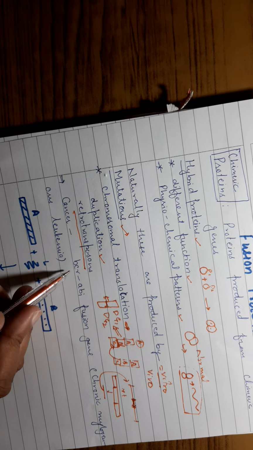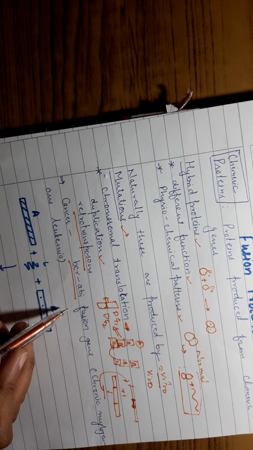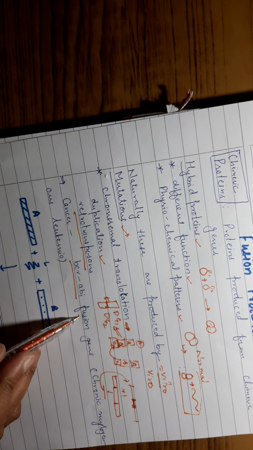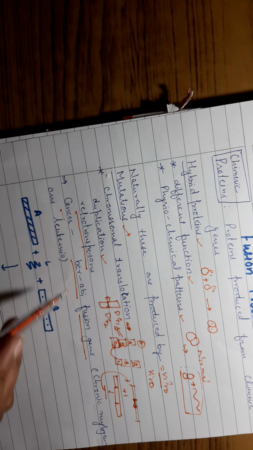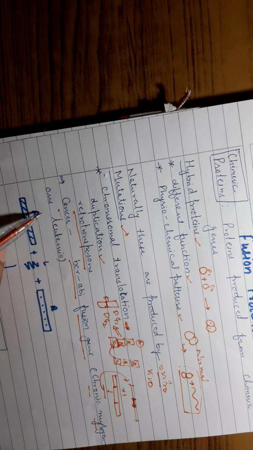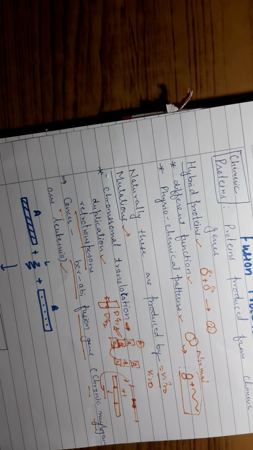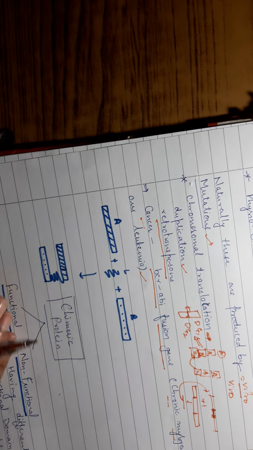An example of a naturally occurring chimeric protein is BCR-ABL. It is a fusion gene, and it is the result of cancer, and it causes chronic myelogenous leukemia.